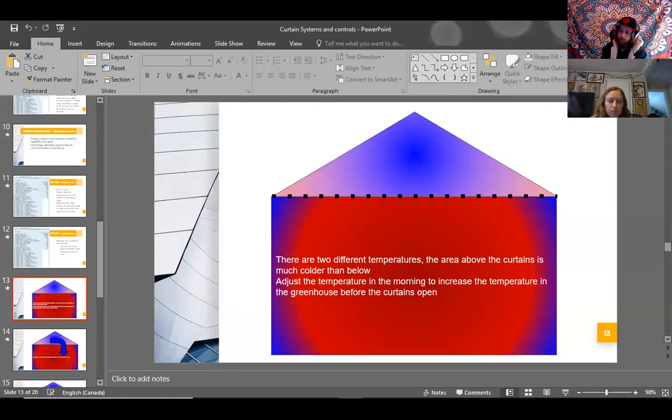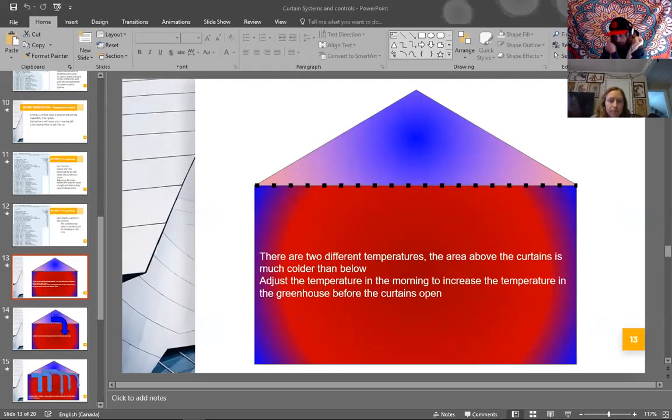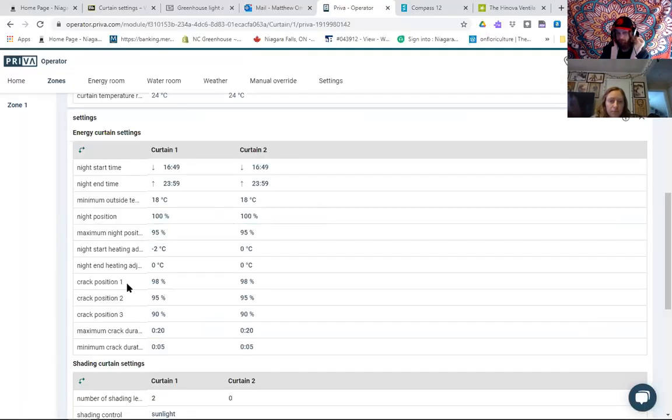So prior to the curtains opening, we're going to heat up the greenhouse to whatever temperature we think is going to benefit that. There we go. So that night end heating adjustment, we can add a couple of degrees there.